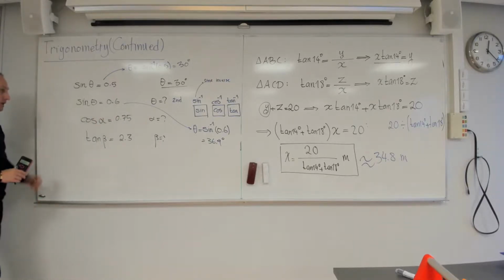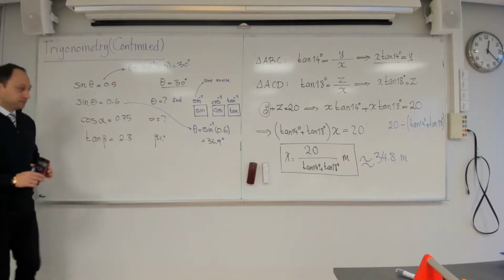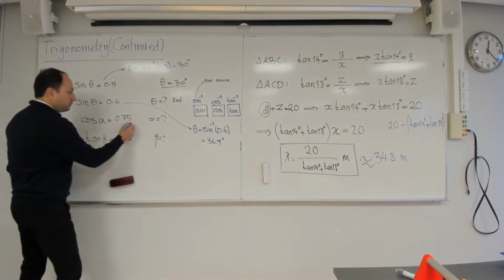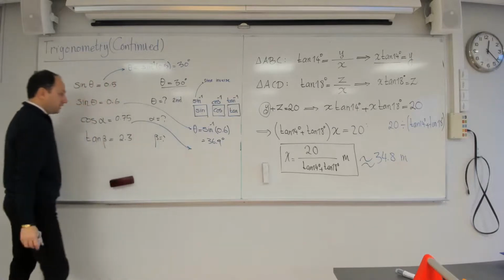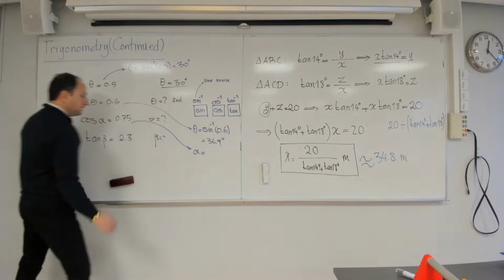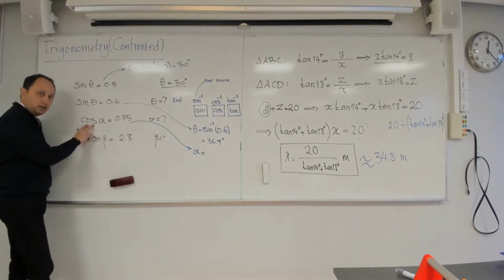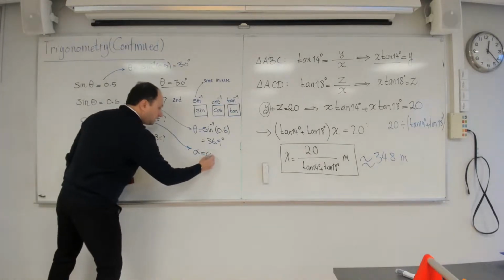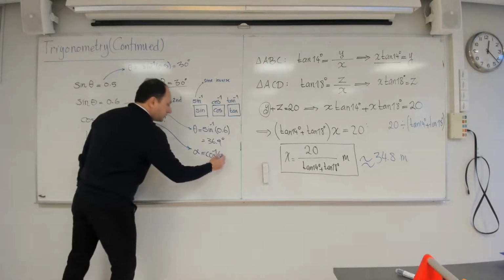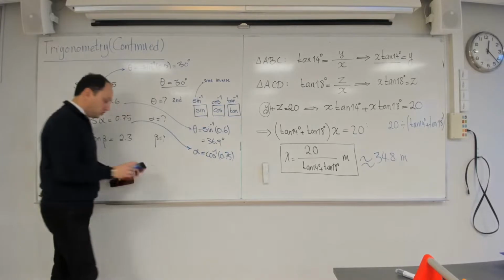Okay, let me do this one for you. If I want to find alpha, tell me, what should I write? I should write alpha is equal to, because this is cosine, I have to write cosine inverse. And then I put this number inside, 0.75. So let me just do that.